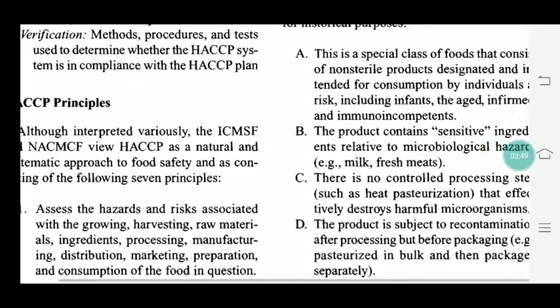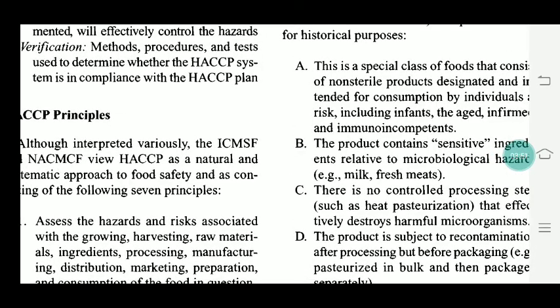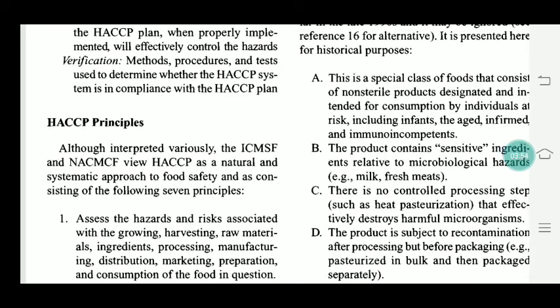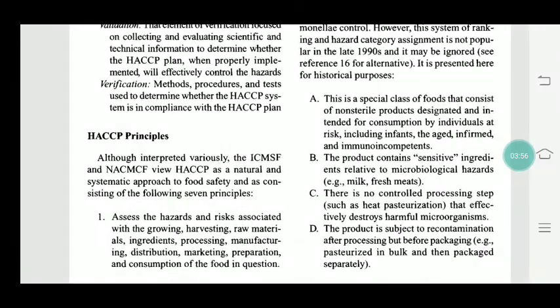So first, this is a special class of food that consists of non-sterile product designed and intended for consumption by individuals at risk, including the aged, infants and immunocompromised. Okay, so this is for products which are non-sterile. Then B, the product contains sensitive ingredients related to microbial hazard.